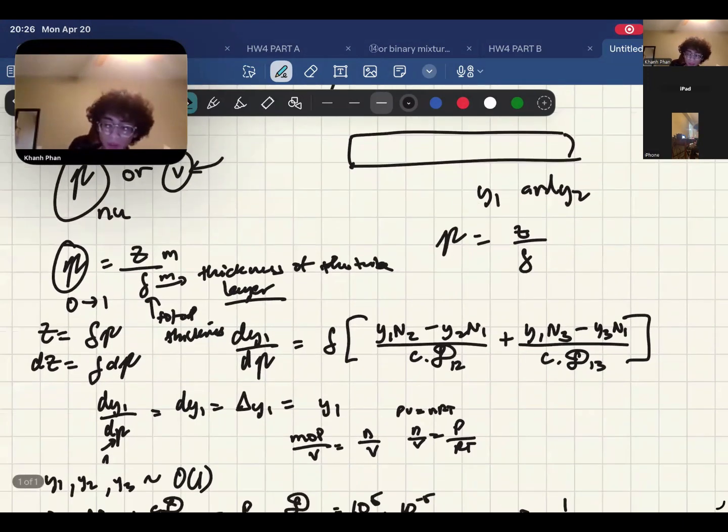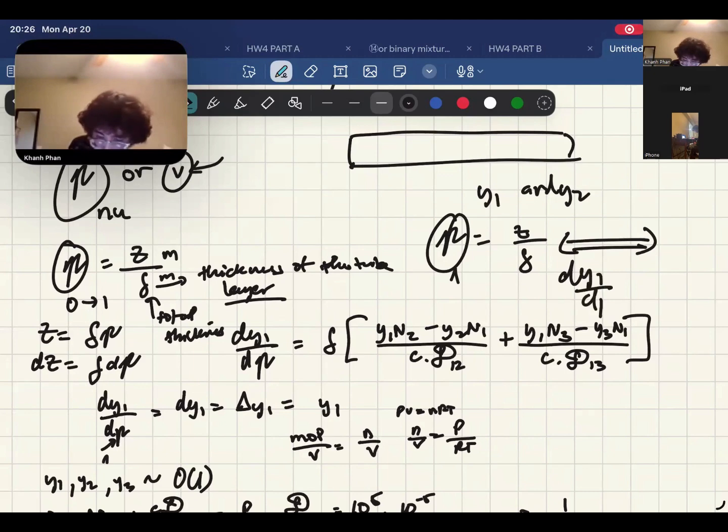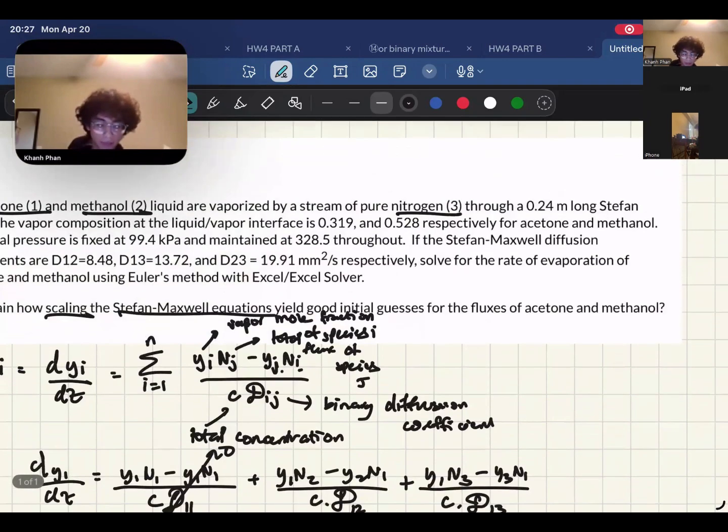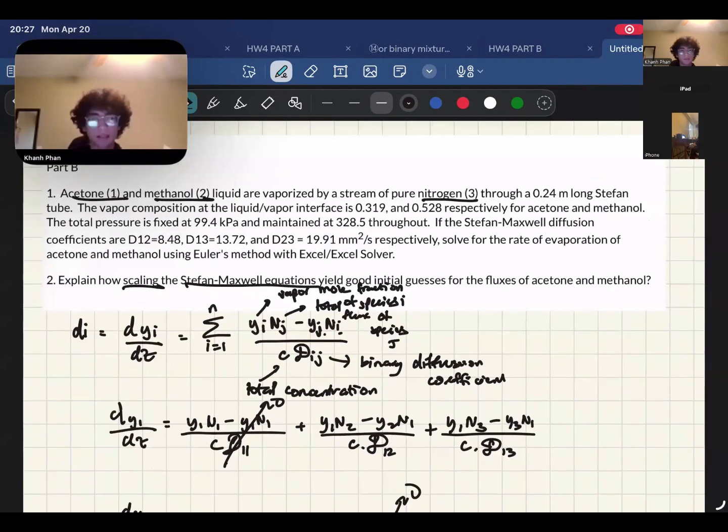So we know that if this is 1, then d1 y d is just equal to y1. Let's say y1 is 3.319. We know that from 0 to the total layer, its value can only change within this scale, from 0 to 0.1. That helps us assume how much the fractions can change. So it gives us good initial guesses for the fluxes of acetone and methanol.